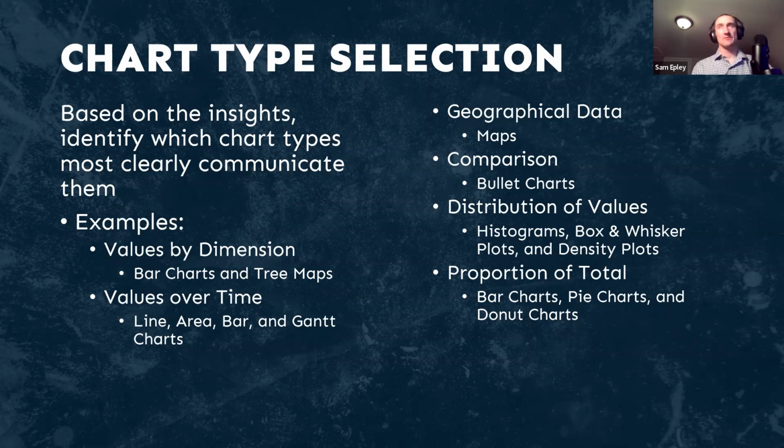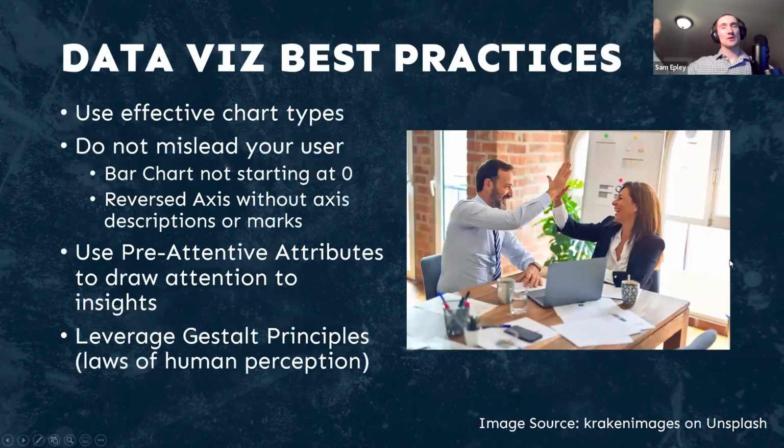Now, I'm not suggesting that we cut all of our pies and donuts into 100 pieces in real life, but if we're choosing how to communicate our data in terms of a proportion of total, if you've got like 2 or 3 different categories, it can be an effective way of communicating.